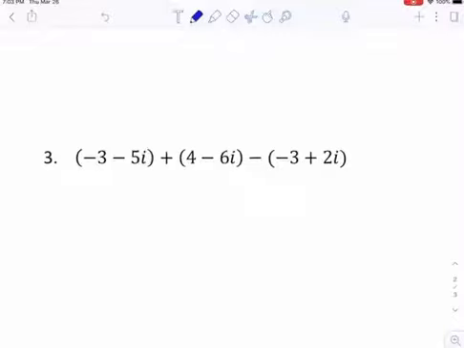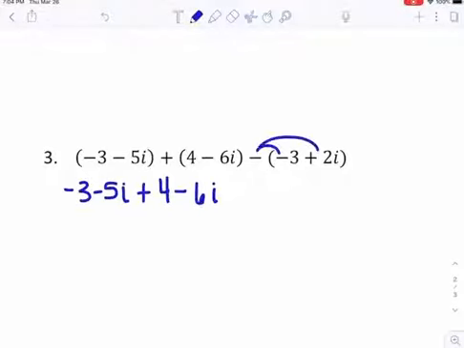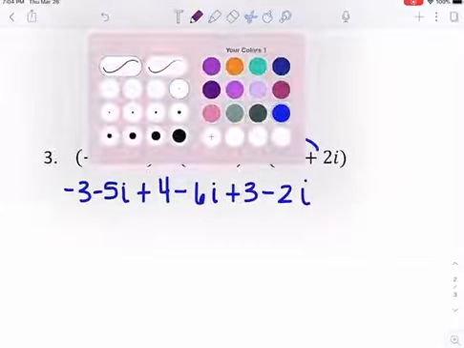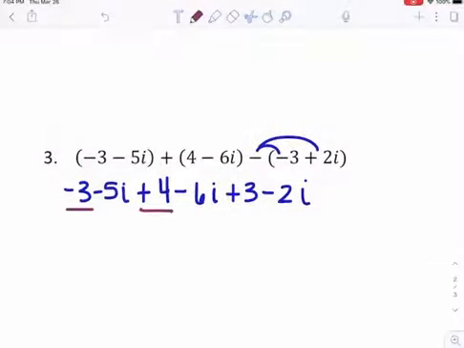Okay, last one. I'm just going to rewrite this and do it the long way, but you could make some shortcuts if you're getting the hang of this. I'm going to distribute my negative, so I get positive 3 minus 2i, and I'm going to look for my like terms. So I have negative 3, positive 4, positive 3.